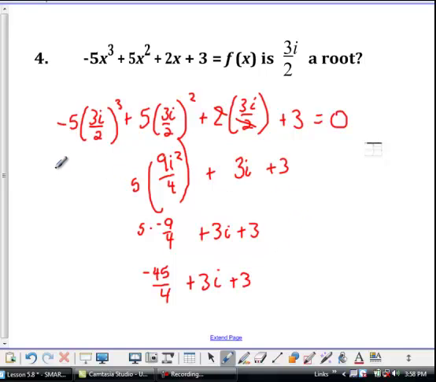Let's do this over here. 3i over 2 cubed would be 27i cubed over 8. i cubed is really -i, so that's -5 times -27i over 8. If I multiply 5 times 27, that's 135i over 8.